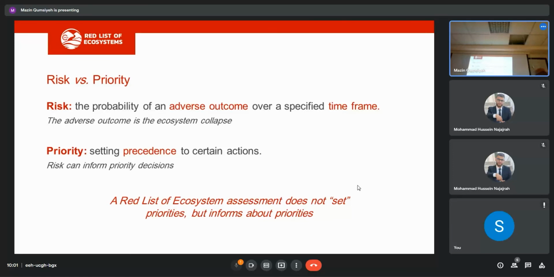You could set priority at the national level, which is possibly independent of the risk of collapse for some ecosystems. Usually in the Med, wetlands are priority ecosystems to conserve because they are really threatened and there are very few.